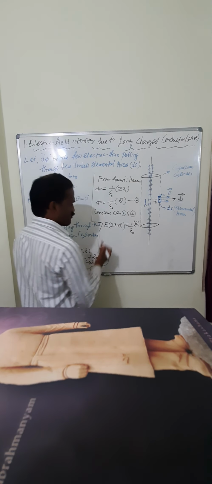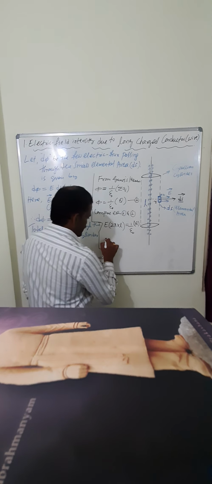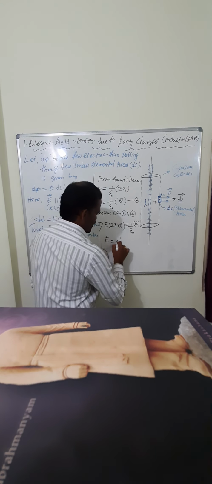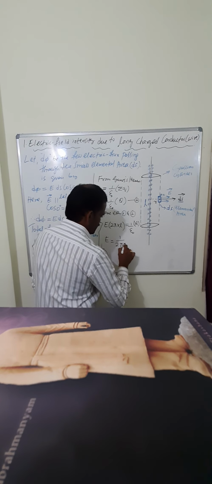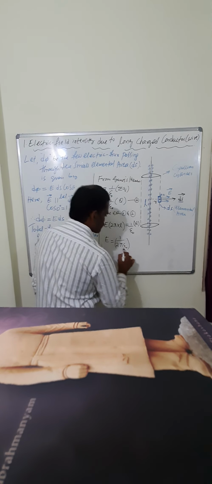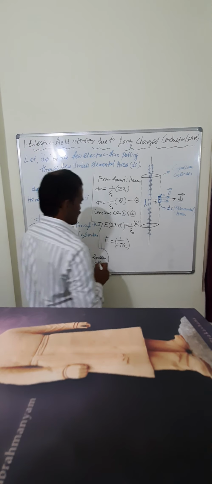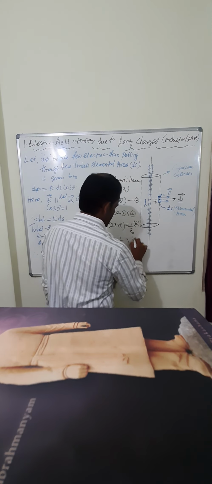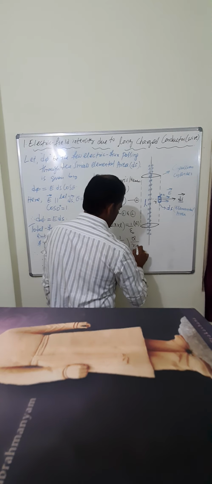Therefore, what we want is the electric field. E is equal to 1 divided by 2 pi epsilon naught, divided by Q divided by R into L.